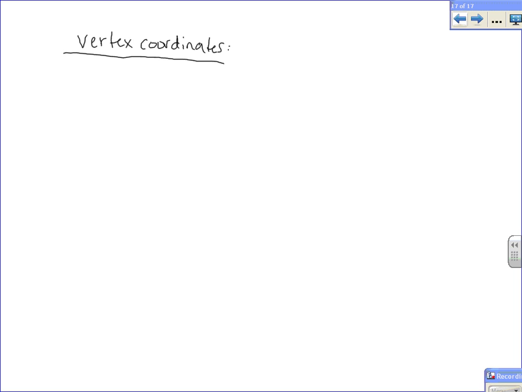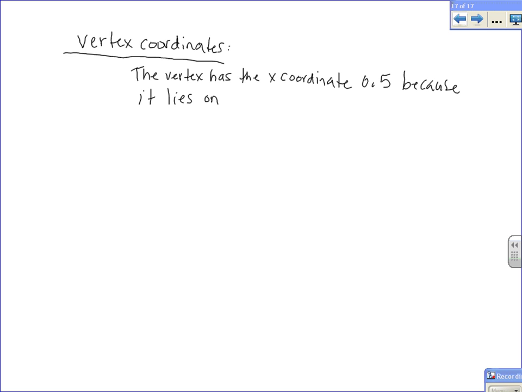Okay, so I know that the vertex has the x coordinate 0.5 because the vertex lies on the axis of symmetry.